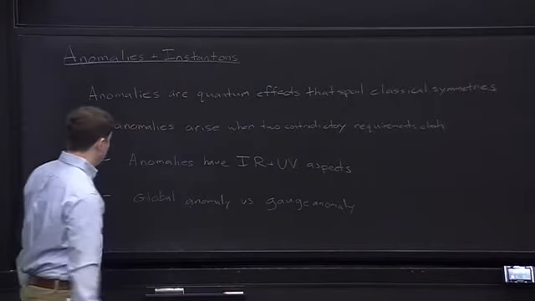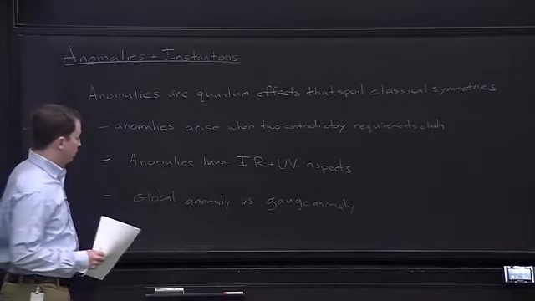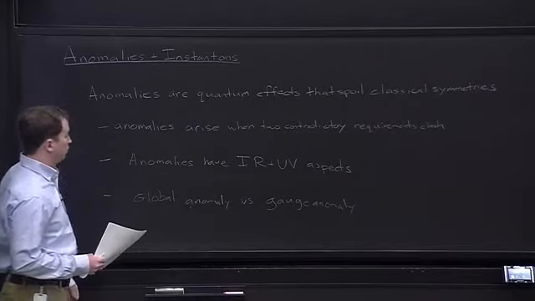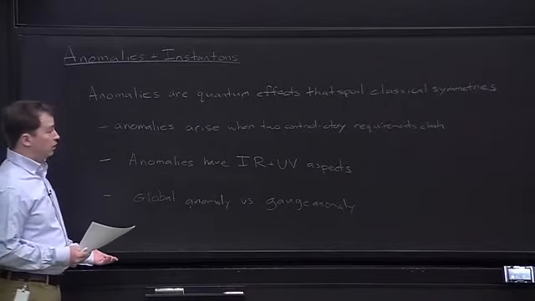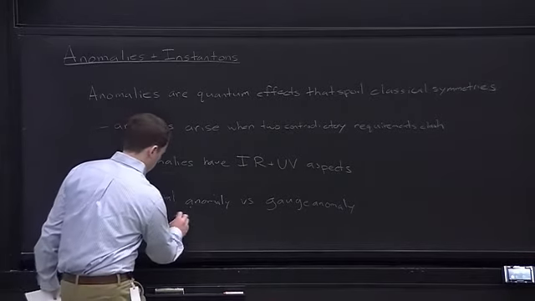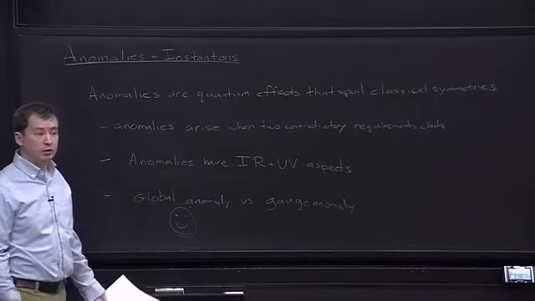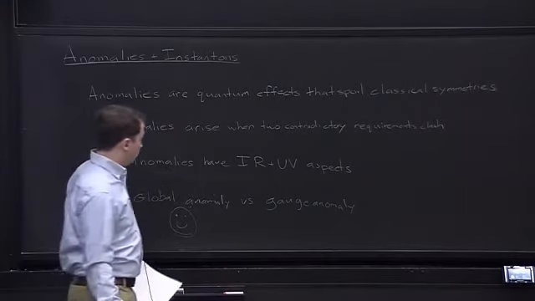There's nothing inherently wrong if a global symmetry is anomalous. In fact, this can lead to some very interesting physics and can be used to explain things like the decay of the neutral pion to two photons.